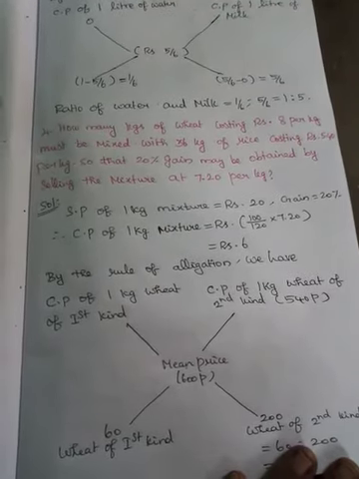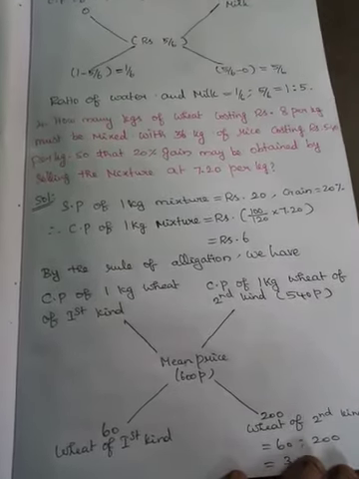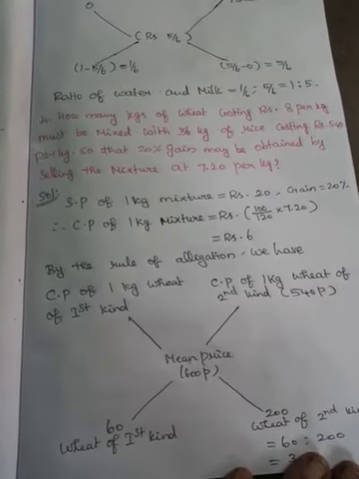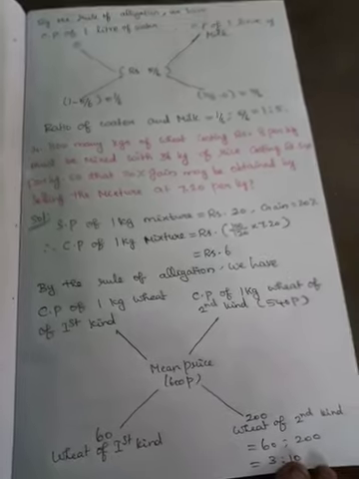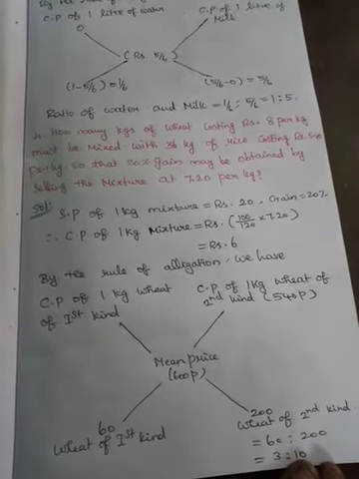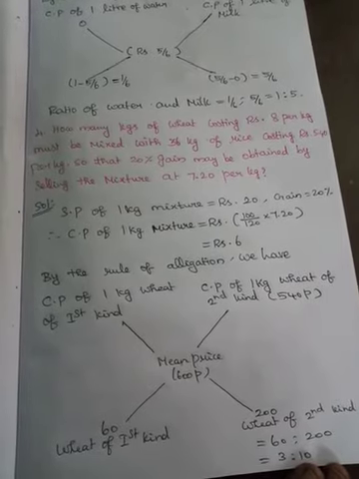So third one is 60, last one is 200. Third one, 60, is wheat of first kind. Fourth one, 200, is wheat of second kind. Equal to 60 is to 200, equal to 3 is to 10.